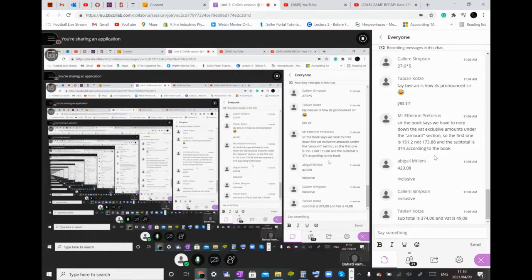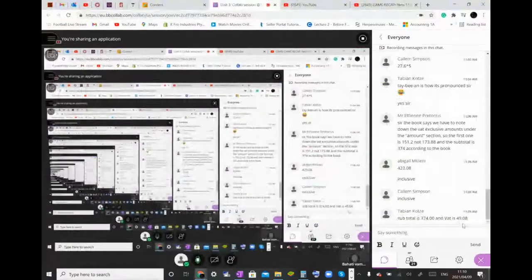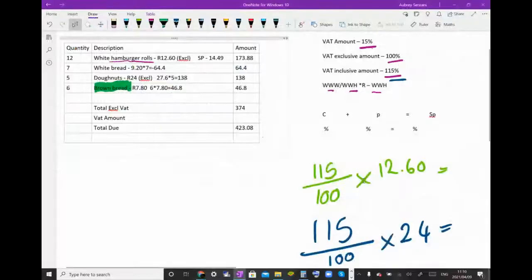Okay, so we're all aligned. Perfect. So let me then do that. 374. And then here we have 49 and 8 cents. Guys, just double check to ensure that that is 100% correct, that we are moving in the right direction. There we have it. That is what your invoice would actually look like.